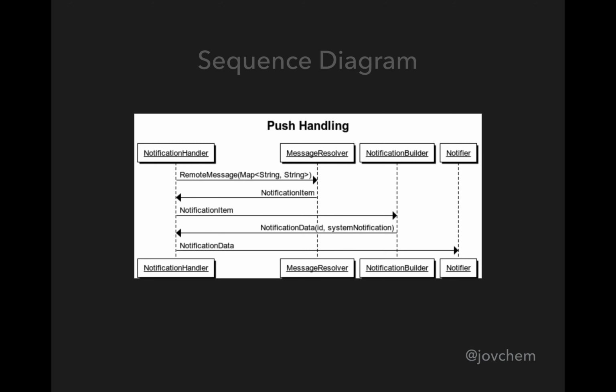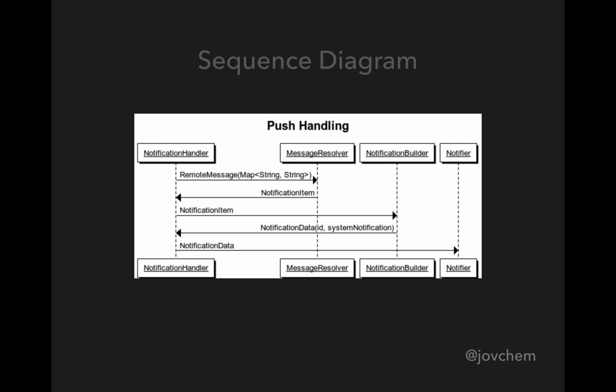I am calling it here notification data, which will contain the ID and the system notification. This system notification can be built using that NotificationCompat builder. I want to isolate that one because it is probably not that easy to test. It is bound to the Android internals, so I'm not certain that I'll be able to test that one.